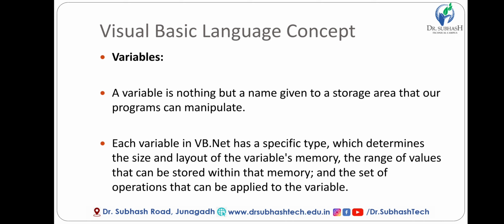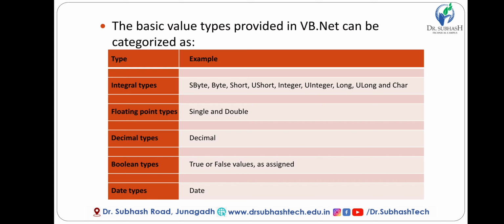Now each variable in VB.NET has a specific type which determines the size and layout of the variable's memory, the range of values that can be stored within that memory, and the set of operations that can be applied to the variable. So every variable has its specific type. Its type indicates its size, its layout, its range. All these things are specified in the type. So these are the basic data types of VB.NET.